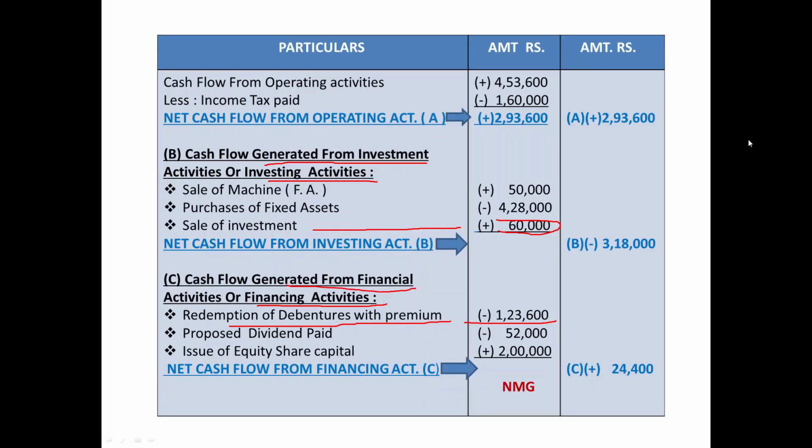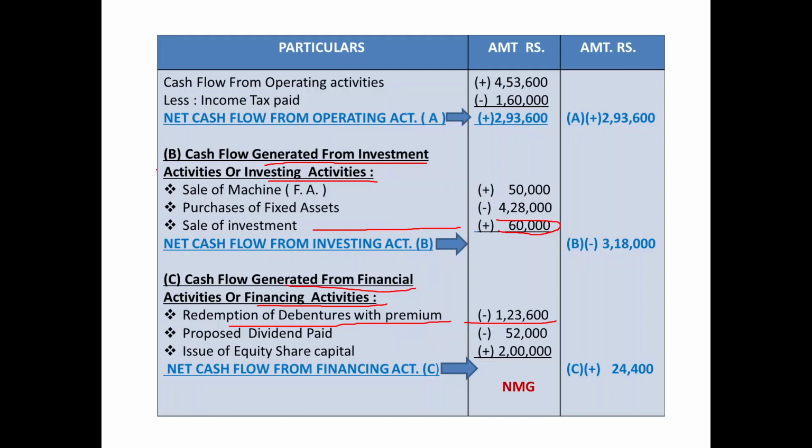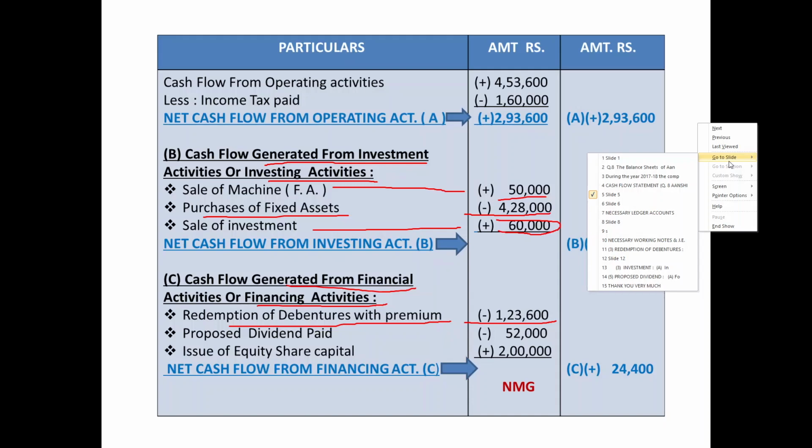Title B, cash flow from investing activities: sale of machine, that is fixed assets, plus 50,000, purchases of fixed assets minus 4,28,000. So fixed assets account and depreciation fund account got over, and we gave the impact in the cash flow statement.